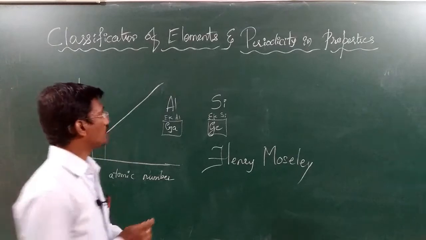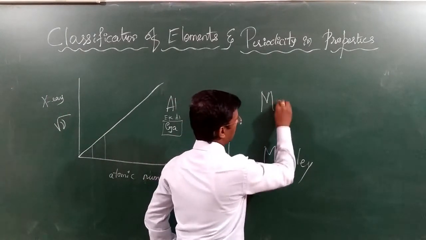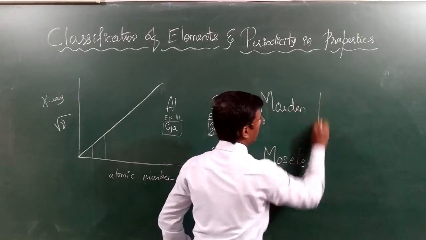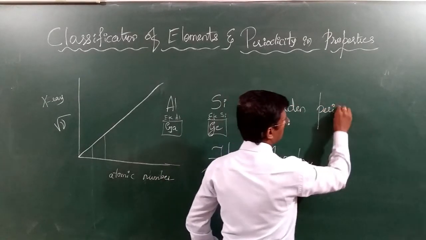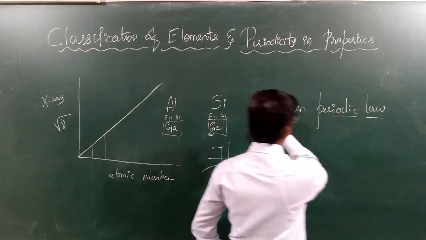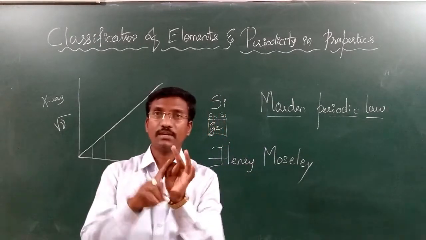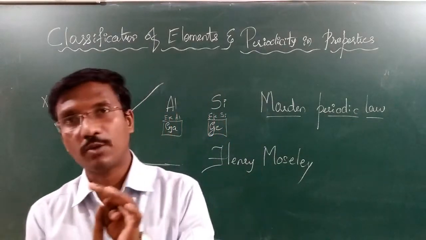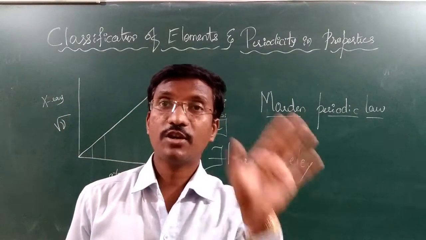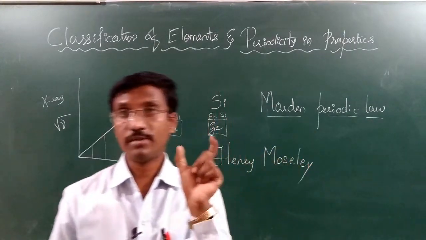One more question you will get: state the modern periodic law. In the Mendeleev periodic law, we observe that physical and chemical properties are the periodic function of their atomic masses, because he arranged the elements on the basis of atomic mass.